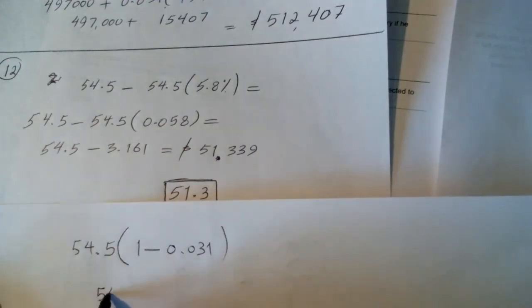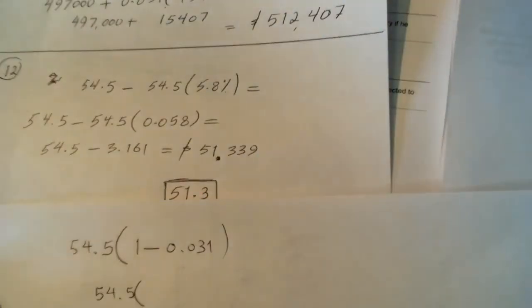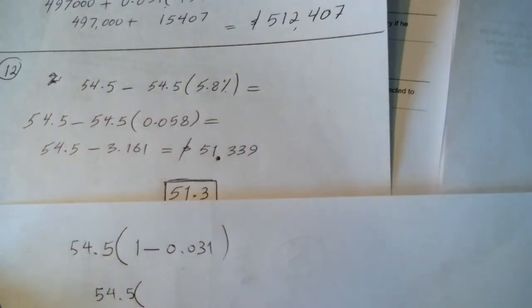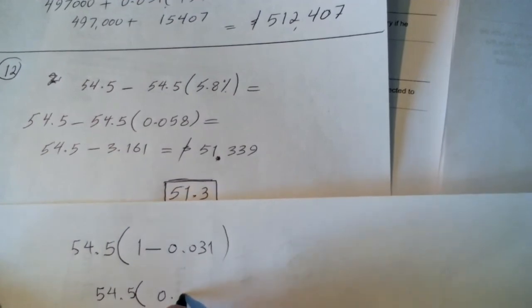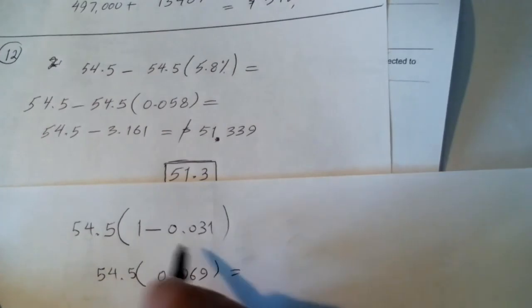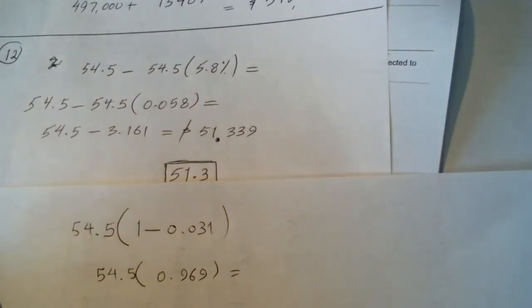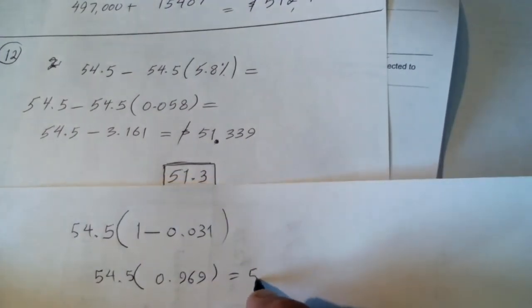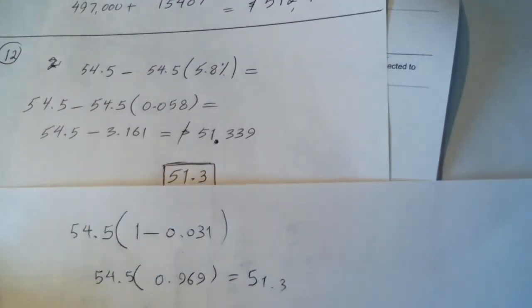So it would be 54.5 times, what is 1 minus 0.031? 0.969, and when you take that and multiply by 54.5, that should give you 51.3, okay?